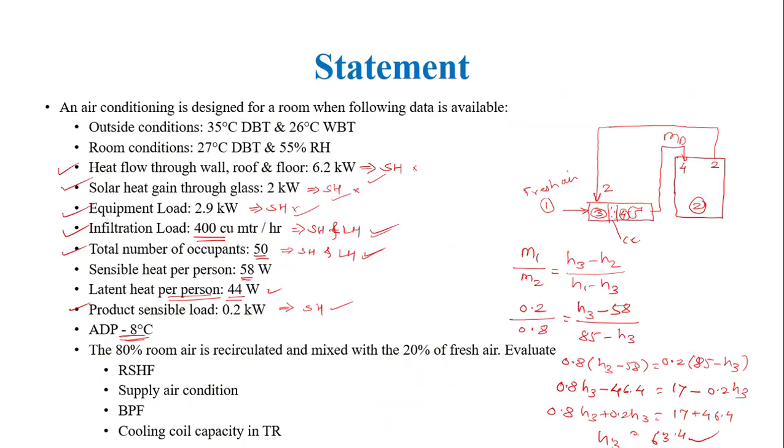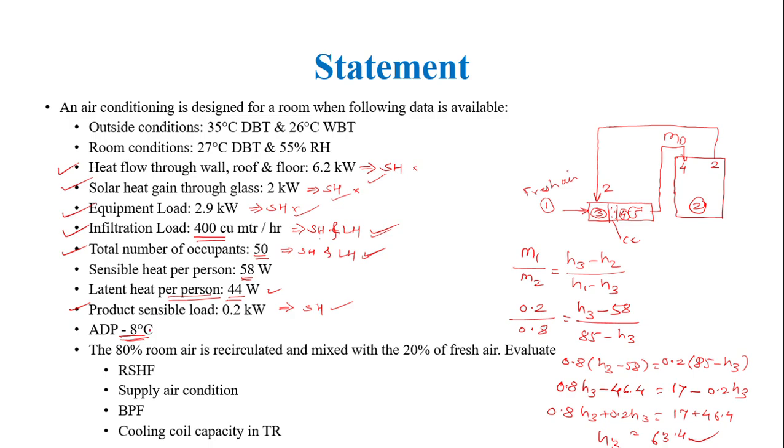In some cases all the factors will be given in the numerical statement, or you may have only one or two factors, maybe only the infiltration load or the occupant load. Whatever is given, only consider that and do the calculation. But this is the procedure you should follow.